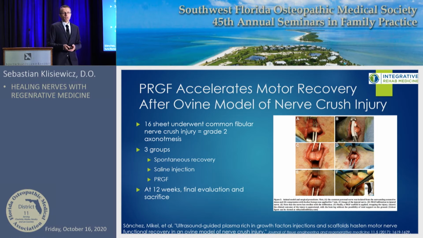So, is there any other animal studies? So this is a nice animal study that looked at injecting PRP into injured nerves. So in this study, Dr. Michael Sanchez from Spain, who wrote books on PRP, and I've been in contact with him, has an amazing wealth of information. They took 16 sheep and they compressed their common ulnar nerve, common fibular nerve. As you can see, it's a pretty brutal thing that happens.